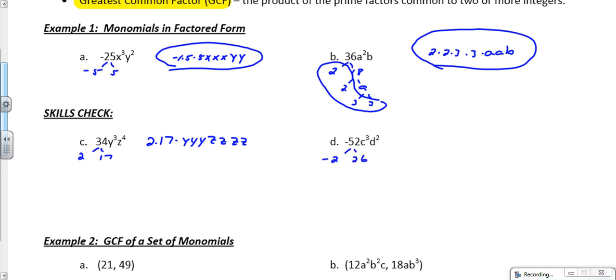There's a negative in there as well. 26 is 2 and 13, and 13 is prime. So negative 1 times 2 times 13 times c times d times d.